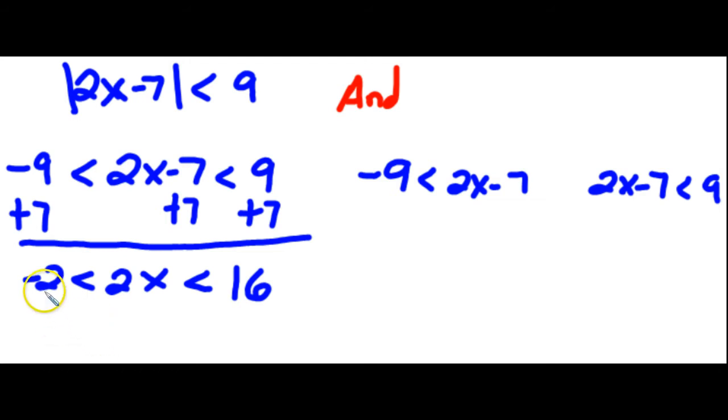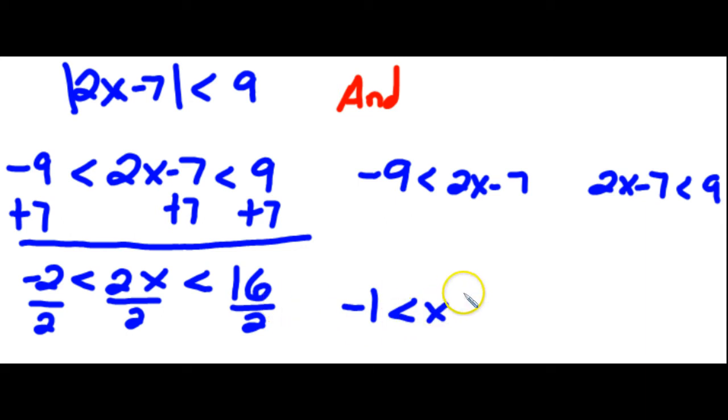Alright, and then the last step would be to divide everything by 2. Negative 2 divided by 2 is negative 1. 2x divided by 2 is x, and 16 divided by 2 is 8.